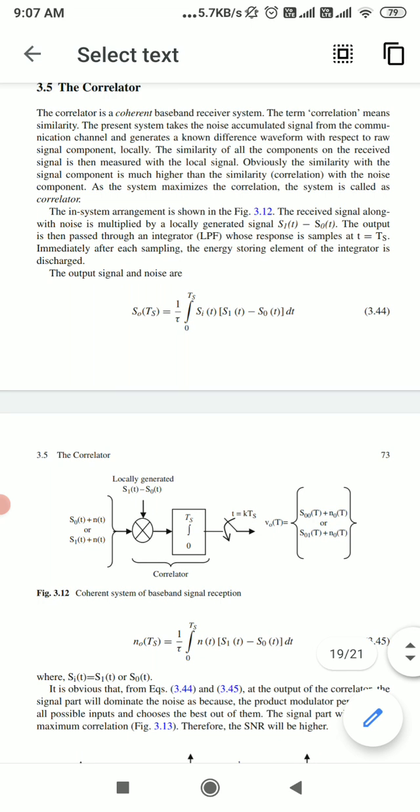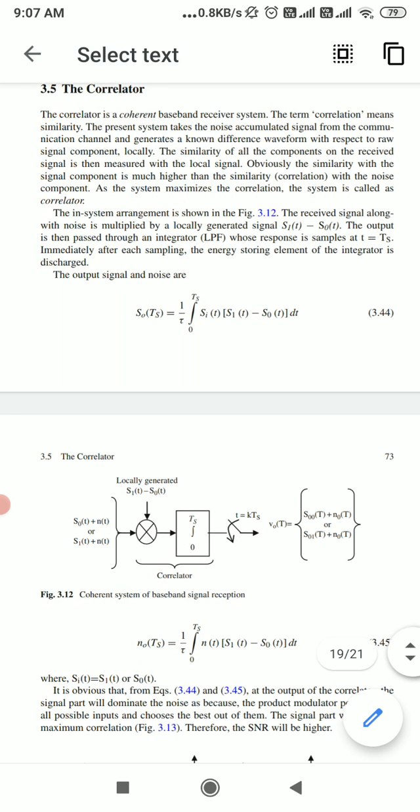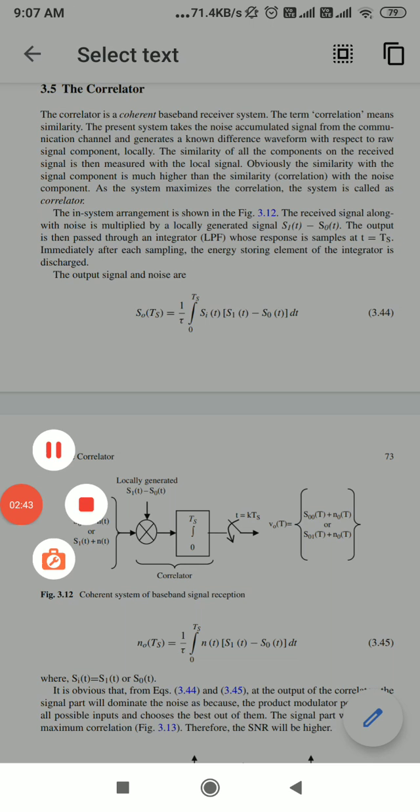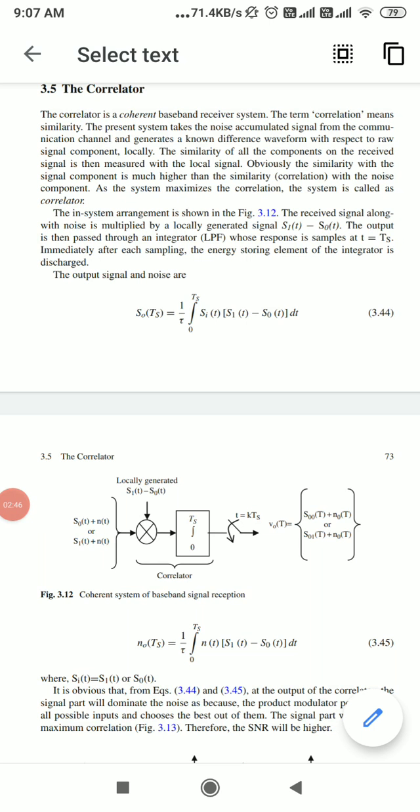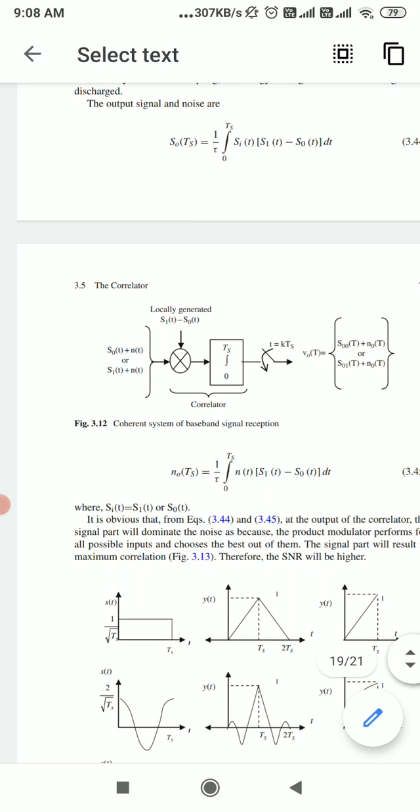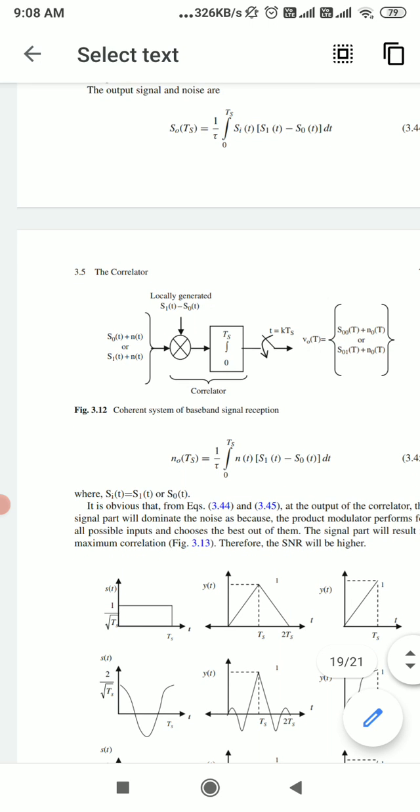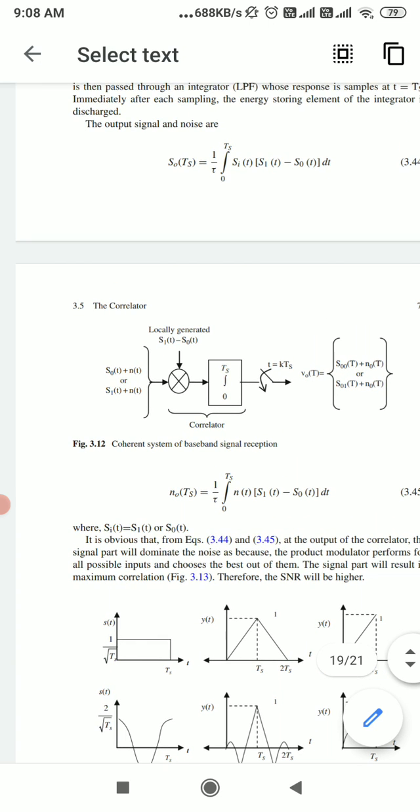After each sampling, the energy storing element of the integrator is discharged, and the output signal is given by S0(Ts) equals 1/2 integration from 0 to Ts of Si(t) [S1(t) minus S0(t)] dt, where this is the local signal. Here you will get the output, that is v0(t). So we can say you will get the output signal like this.